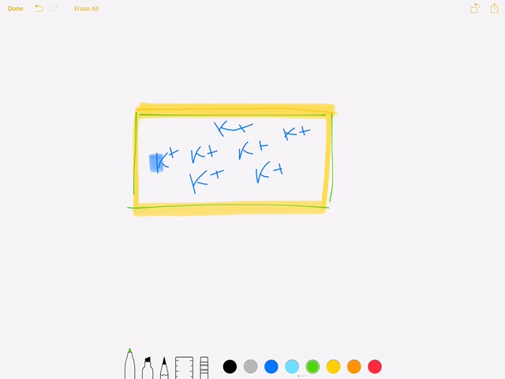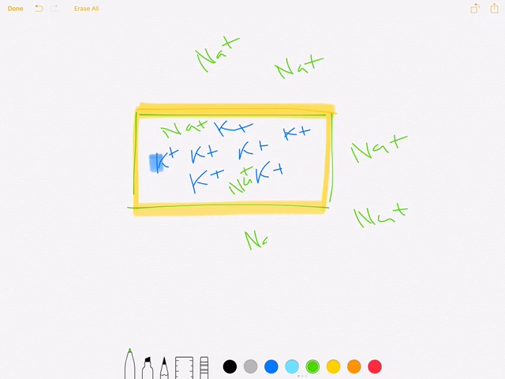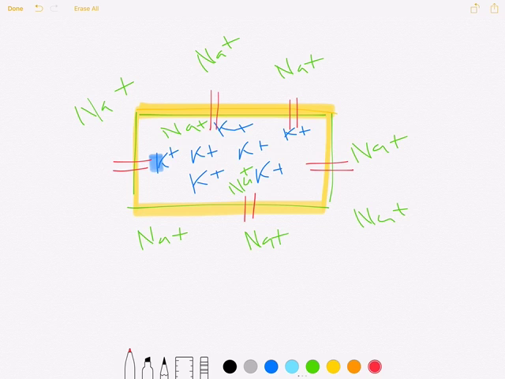Some sodium inside. Lots of sodium outside the cell. And then channels invaginating the membrane through and through.